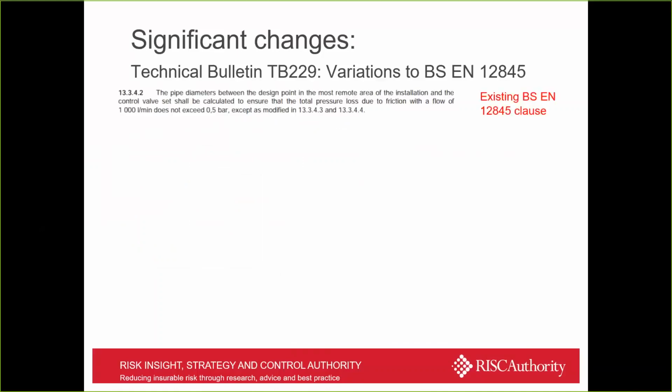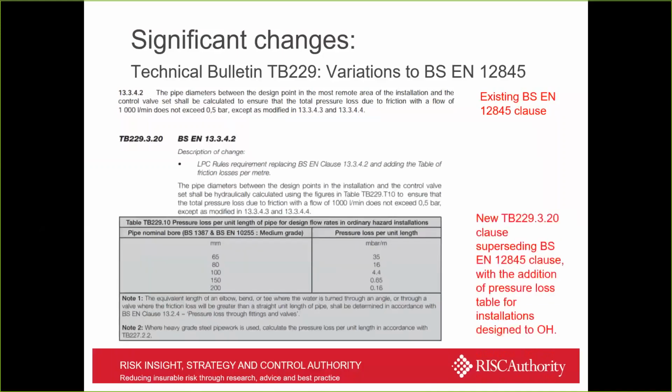As a further addition that we've included in TB229, under the current requirements of 12845, if you're doing a pre-calculated system, you have to do your calculations between your design point and your valve set based on 1,000 litres a minute, and under the hydraulics clauses in the standard, you can produce those pressure losses per metre quite easily.